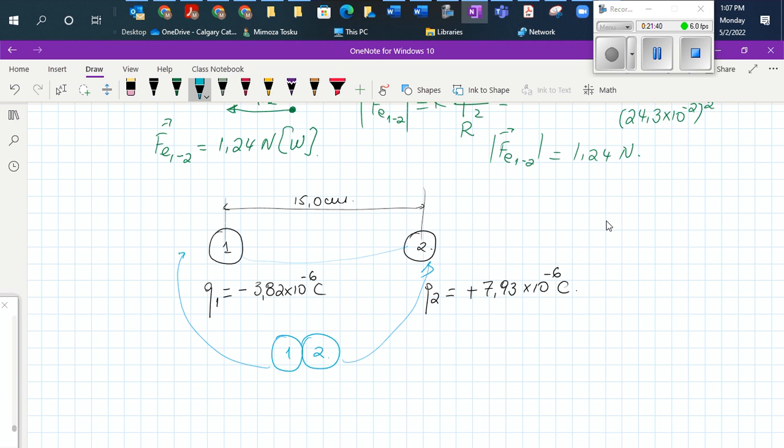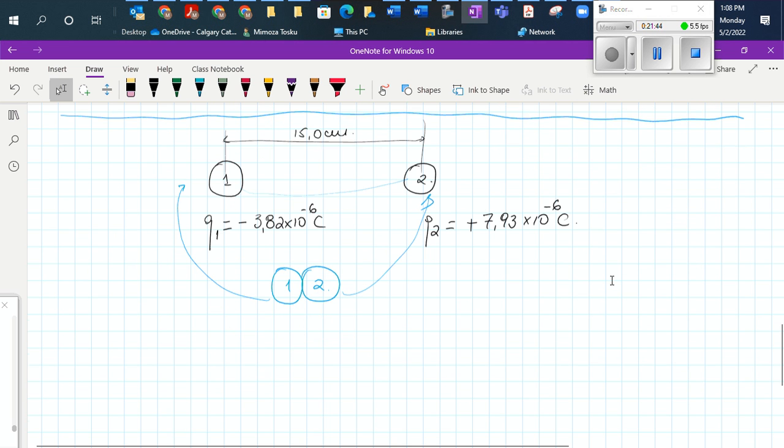What is the electrostatic force after they are put in contact with each other and placed 15 centimeters away from each other? In order to approach this problem, we have to find the new magnitude of the charges after they are in contact with each other, because the two charges will be redistributed based on the general law of charges.